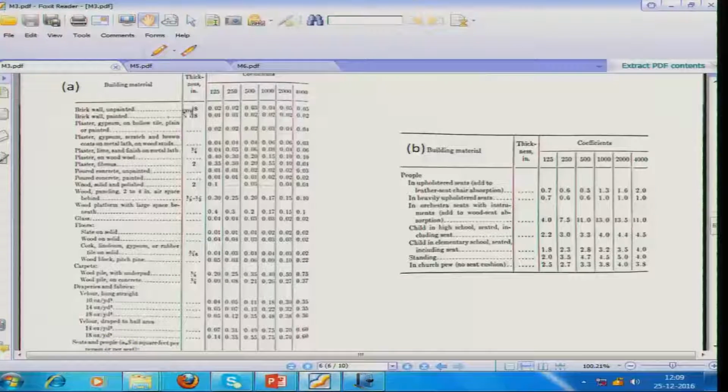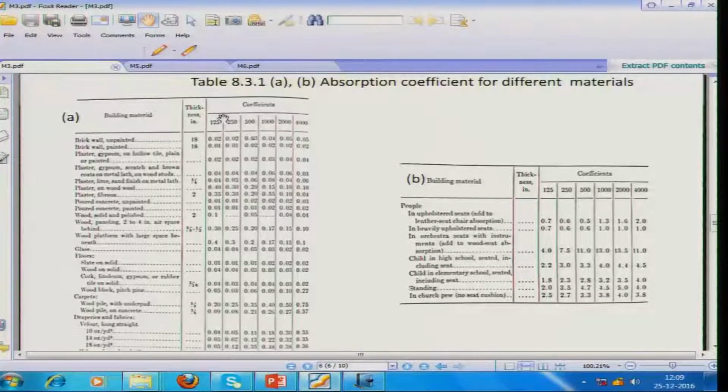And the absorption coefficient not only depends on the material, but also its thickness. So, in this table they have also specified thickness. So, thickness for a brick wall, if it is 18-inch thick, and so on and so forth. So, for these materials with this thickness, the absorption coefficients are specified at different frequencies, and these are again industry standard central frequencies. So, this is for the band, and what they are reporting here is the central frequency.